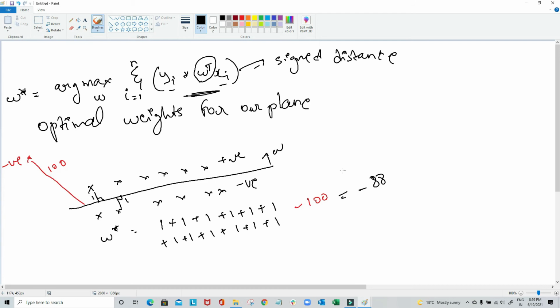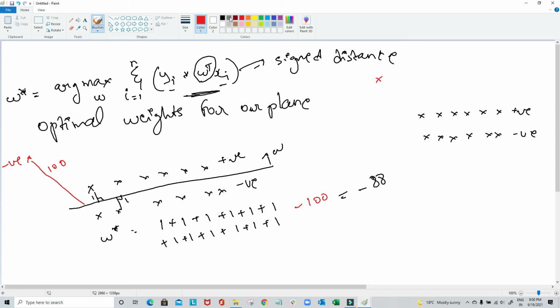Now let's consider the same 6 points. 6 positive points, and 6 negative points, and the same outlier which is present here.